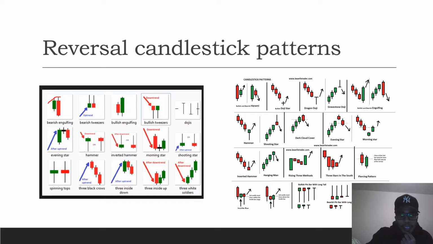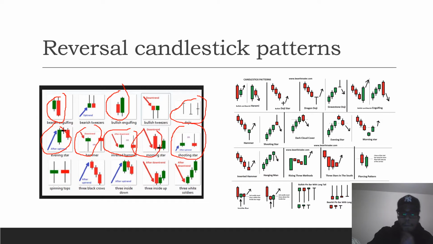Here we have the bearish engulfing that we talked about, the bullish engulfing, those dojis, shooting stars, the hammers we were talking about, and of course, the evening and the morning star.